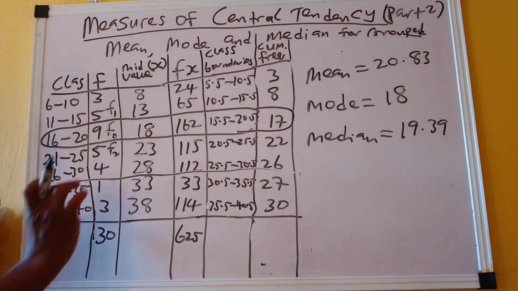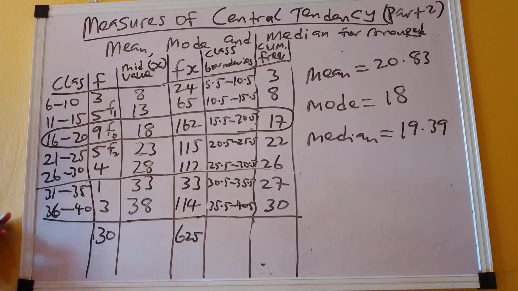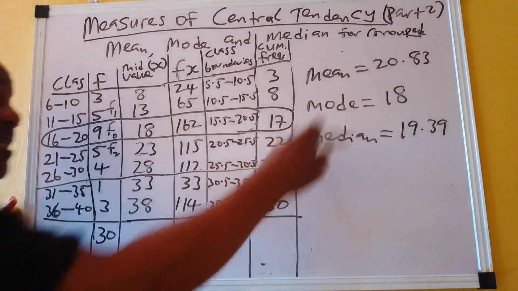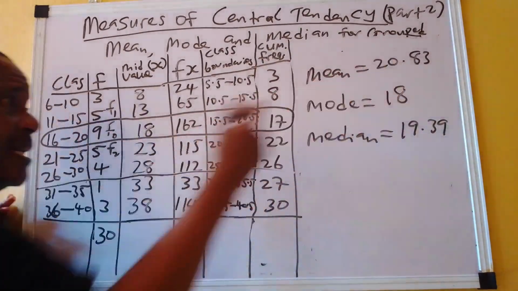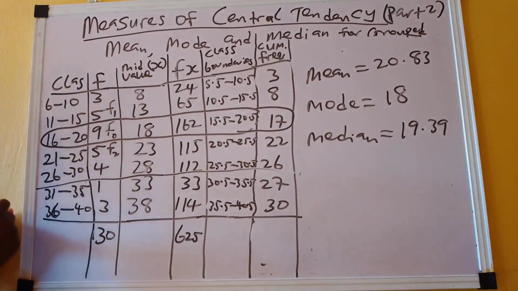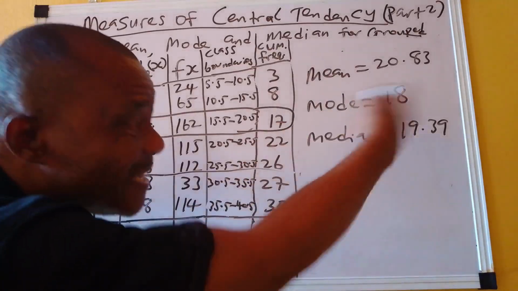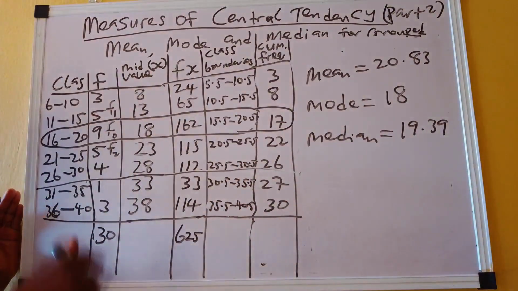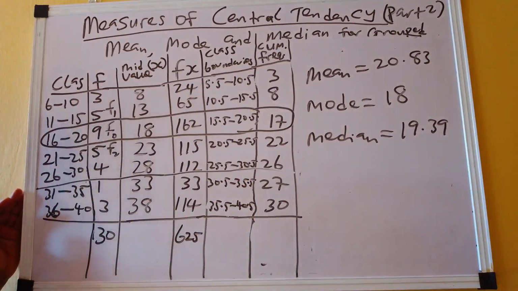So there's a tendency that an outlier exists in the set of data, and the outlier has shifted the mean away from the group it is supposed to be in. But for this set of data, it is not too pronounced. So this is how to calculate the mean, the mode, and the median for grouped data.